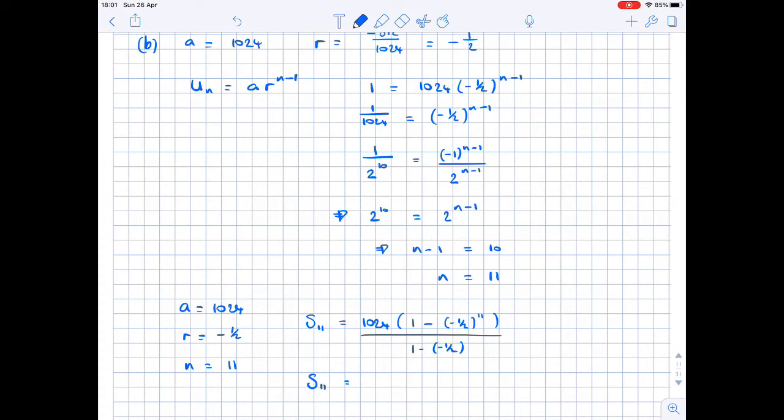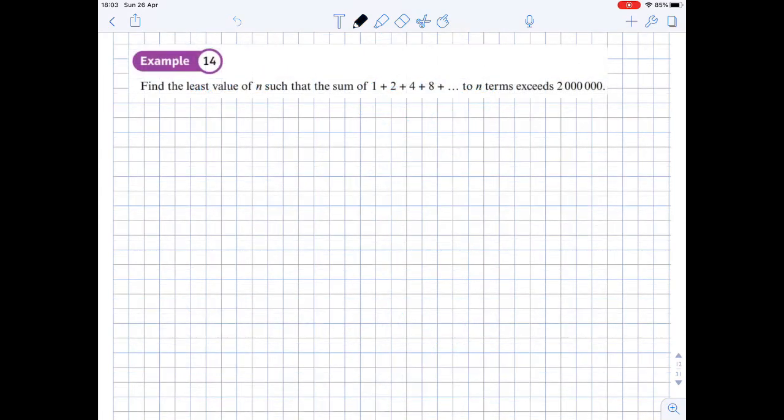Taking our calculators, being careful to type everything in with brackets, gives us an answer of 683.